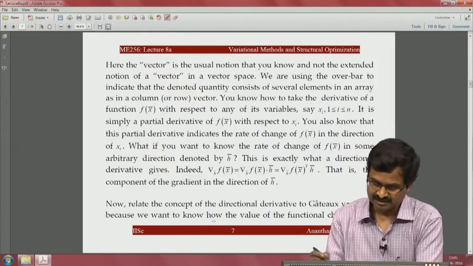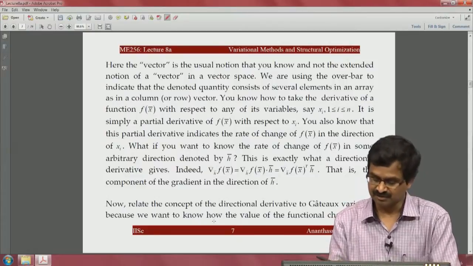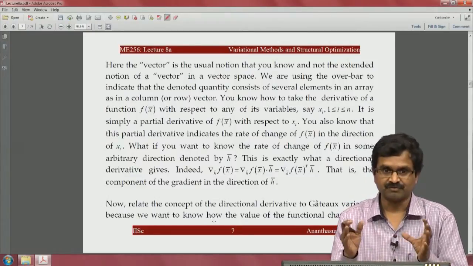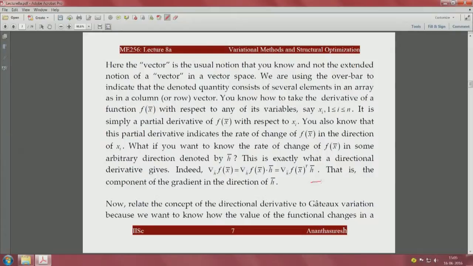So, this directional derivative is the gradient that you take of the function, that is we write delta of f at x. If I take the dot product of that with the direction that you take, because the gradient is a vector, this will be the directional derivative of f in h.